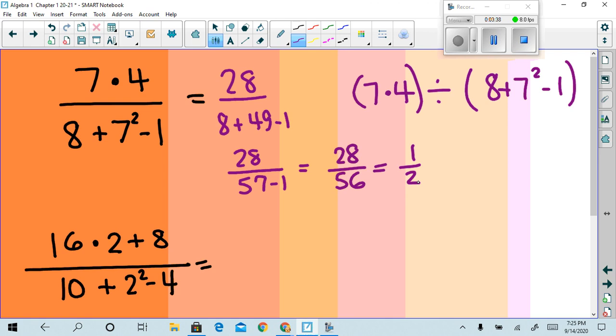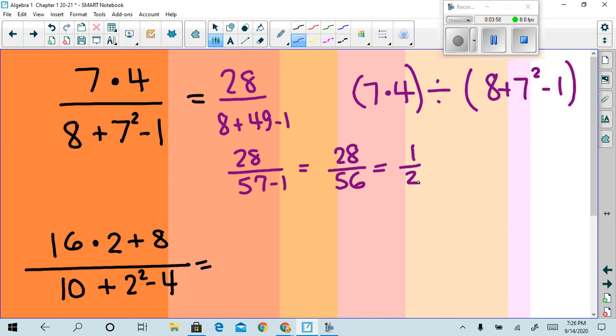So again, we can look at this as one horizontal problem, as we see that I wrote up here on the right, or we can simplify the numerator, simplify the denominator, and then lastly simplify that fraction. It'll either be a proper or improper fraction.